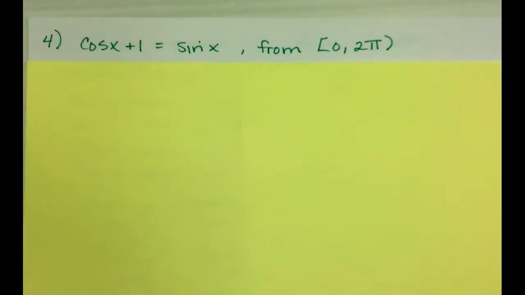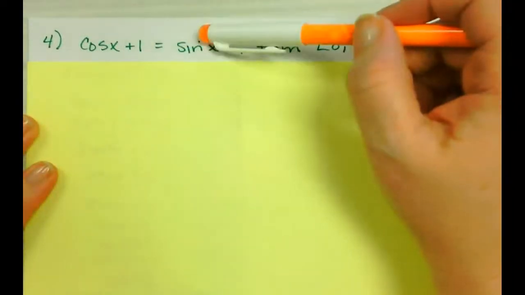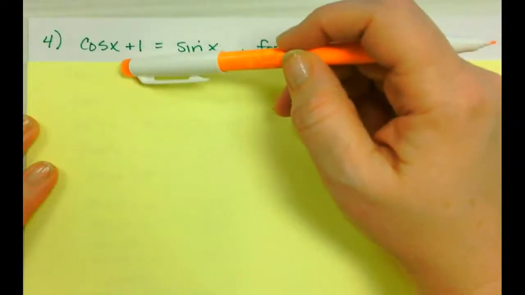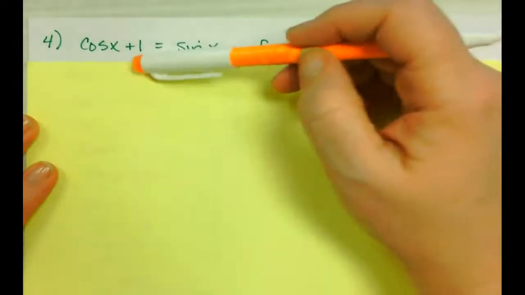So I have to think about my strategies. I want to isolate the trig function to be able to solve or to be able to factor. I want to set it to 0. And the problem is I can't really do either because I don't have identities that are going to help me get anywhere. I can't isolate one trig function without the other trig function still having something with it. So my only strategy for solving this is squaring both sides.